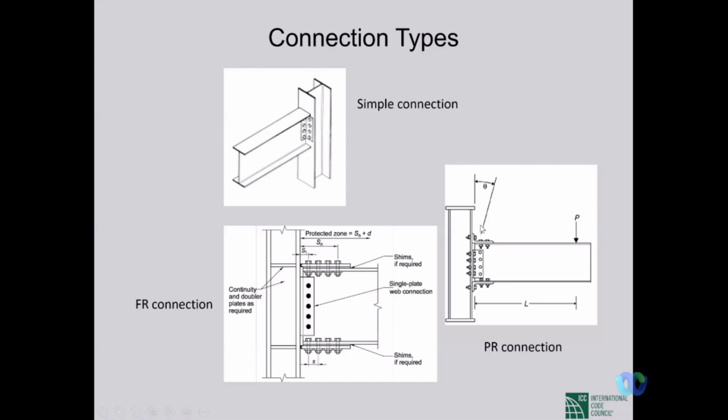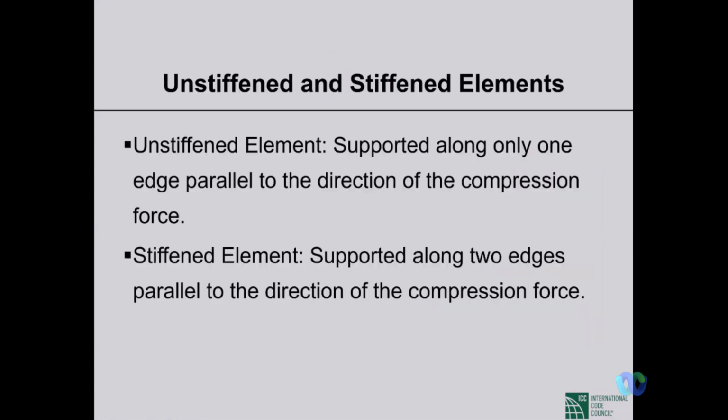And that makes the connection partially restrained because full moment is not transferred. Some amount of relative rotation is induced in this case. So these are basic definitions of the different connection types.